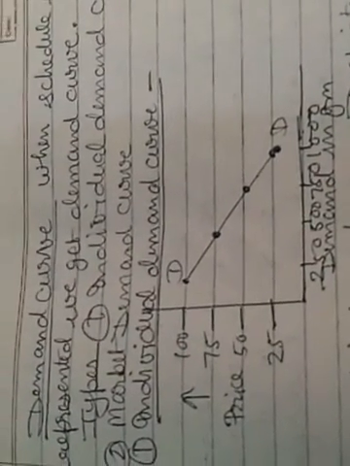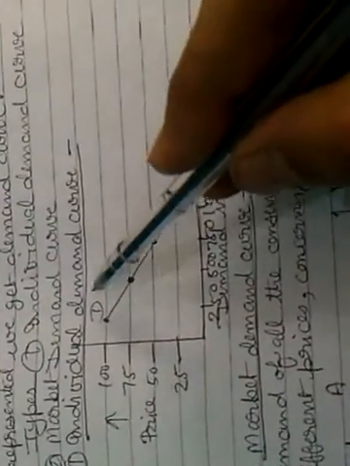Because we studied market demand in two terms, first is individual demand and second is market demand. So this is the individual curve, and we can see that it is showing a negative slope.